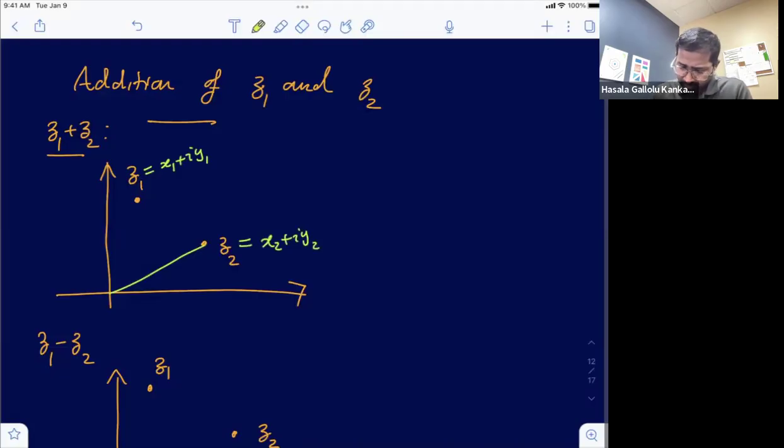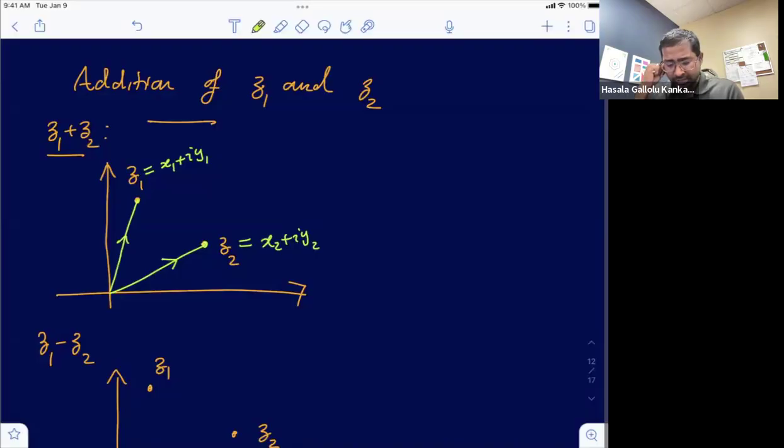Now, in this case, we can locate these two complex numbers by these two vectors. We can have this vectorial notation or vectorial symbol to indicate it, right?